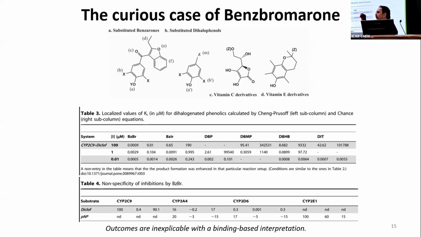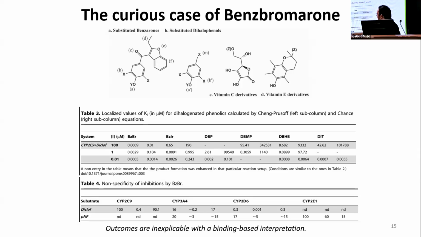It's a binding based value. It's not just like IC50. IC50 can talk about reducing the rate of reaction. But Ki is actually about binding of the inhibitor to the enzyme. Only then you can get that value. And when you say nanomolar levels, you're actually bringing it lesser than the amount of enzyme that you have provided. So even that is lesser than 1-to-1 binding. This cannot explain the kind of inhibitions that benzbromarone was claimed to have.